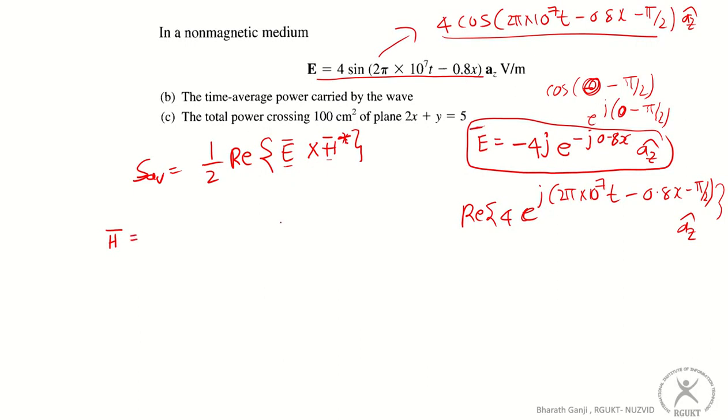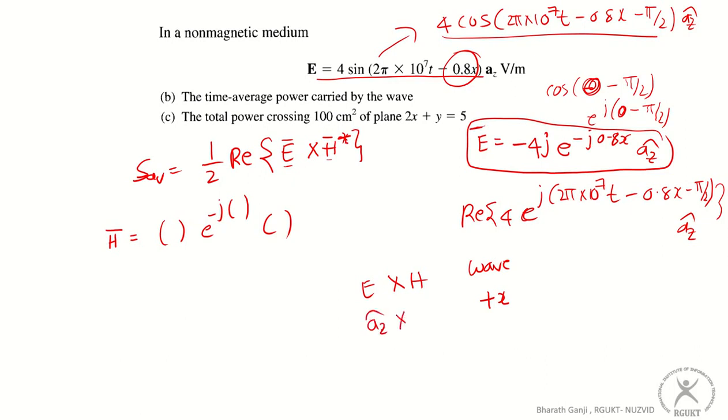H bar should have some direction, three brackets, e power minus j, and this one. First let us find the direction. So the wave is traveling in positive x direction, and E cross H should always give you the wave direction. Your electric field direction is az cap.